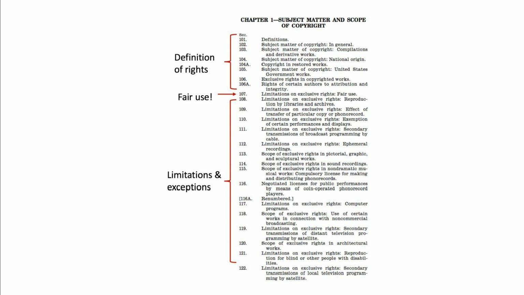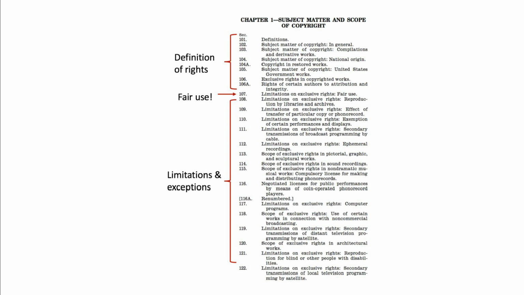limitations and exceptions. And so the structure is, look at that Section 106 there, it gives the exclusive rights of copyright owners. So it says that they have the exclusive control over reproduction, distribution, public performance and display, and creation of derivative works. And if all you did was read that section, it would sound like copyright owners have just like crazy broad control of their work.